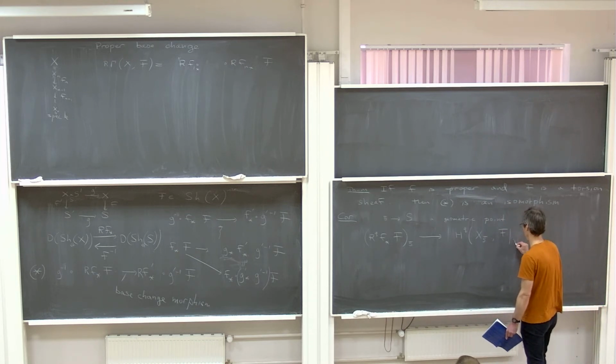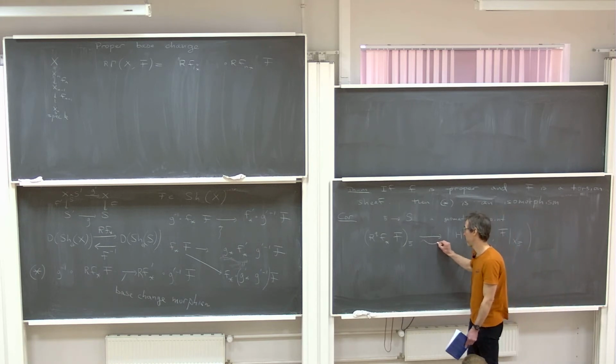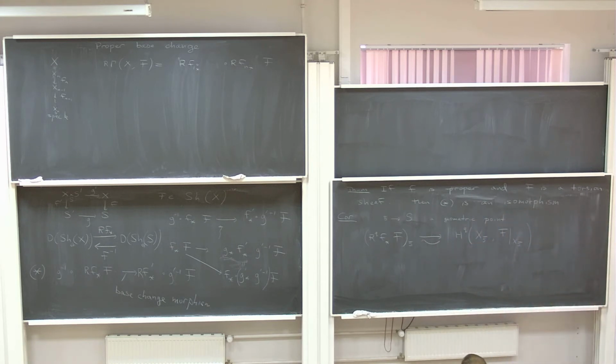And I can restrict it to X_S. And this map is an isomorphism. Okay? So that will be the main tool.